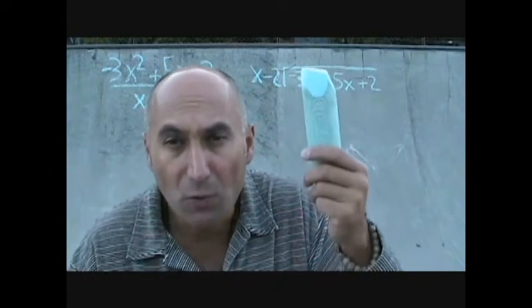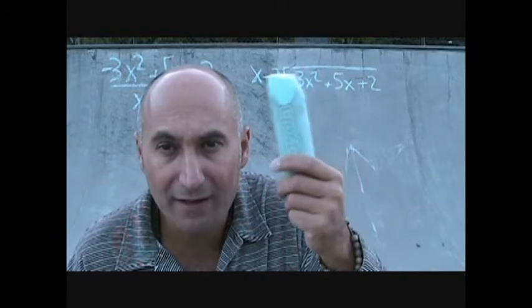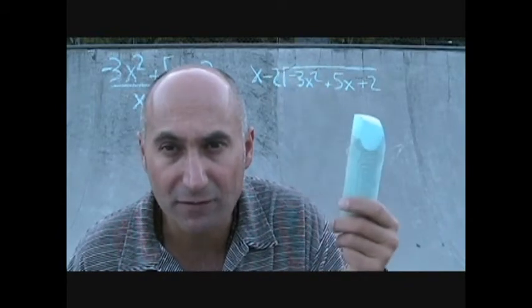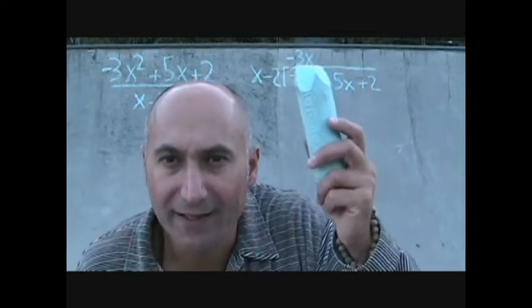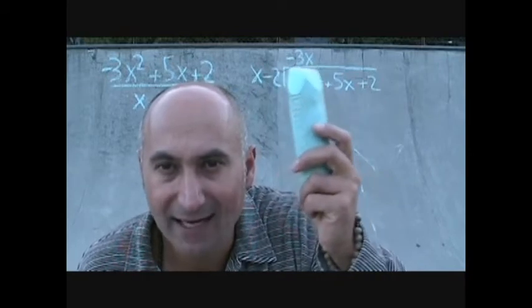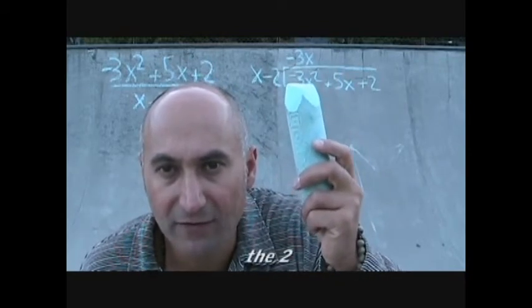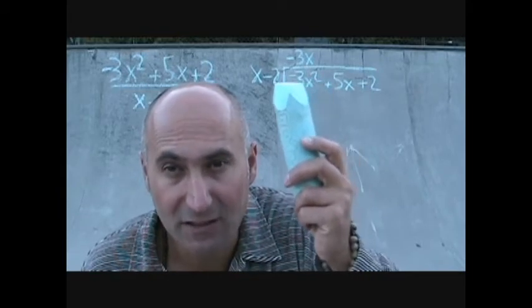So we're going to put negative 3x up here and multiply that out with these two terms and write them down here. Negative 3x multiplies the x, and then it multiplies the 5. Again, we definitely want to match the sign too.